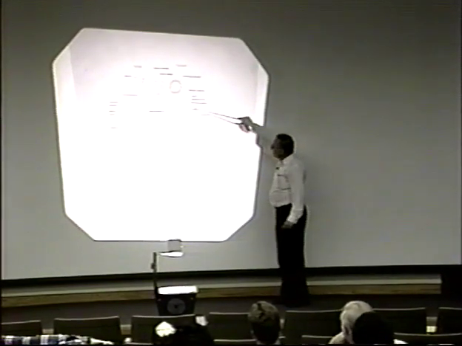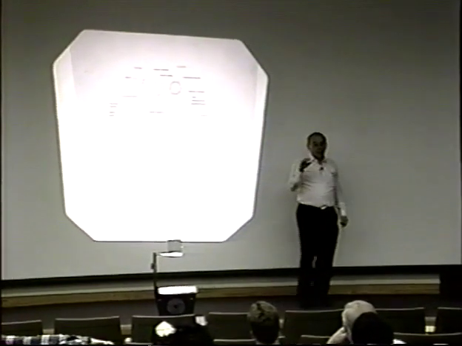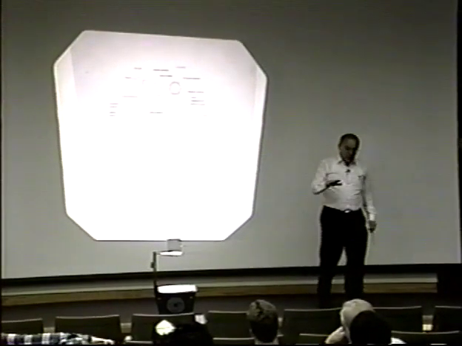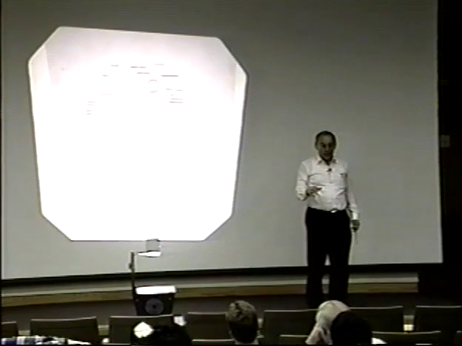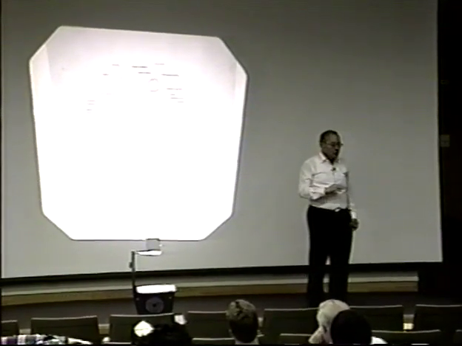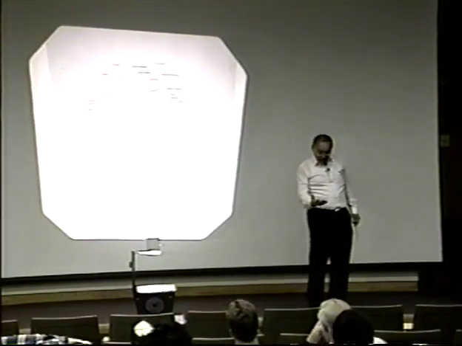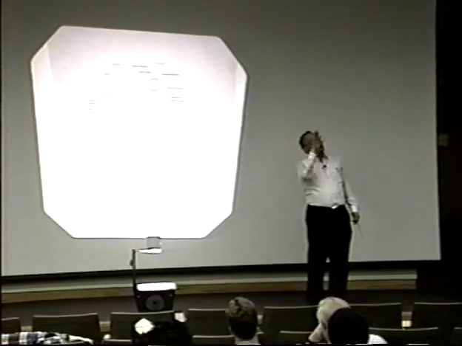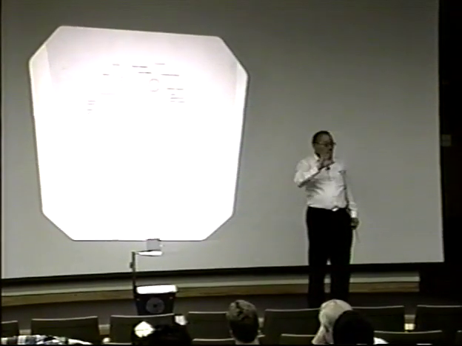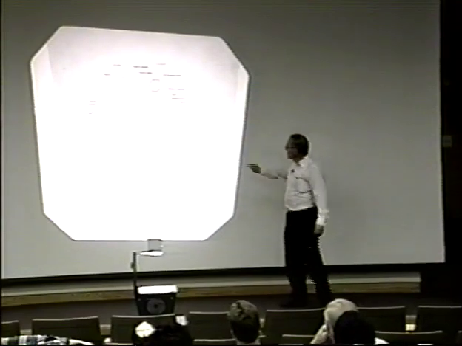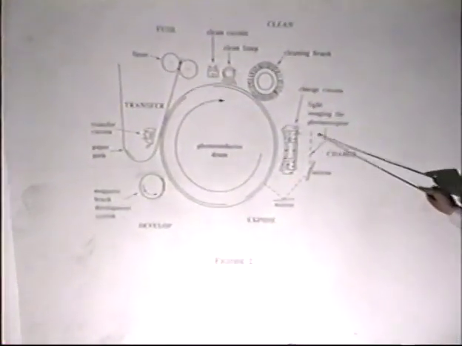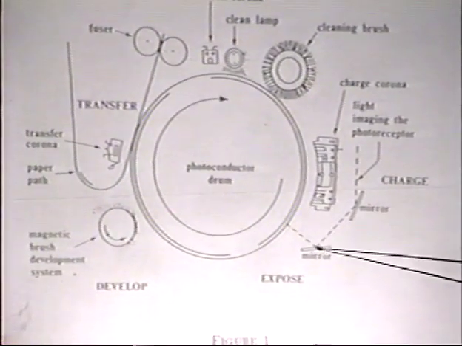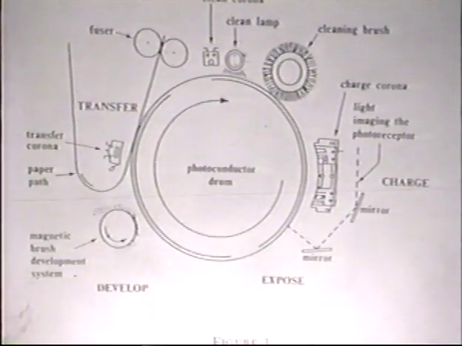Through the white part of the document, the light can go through. Through the black parts, which are the printed parts, it cannot go through. So what you get in the back, if you looked at it, is dark and white spots. And the places that were white on the document, the light goes through and hits this photoreceptor drum.